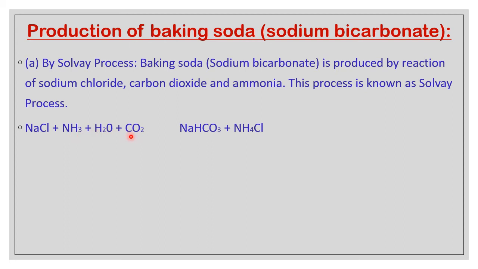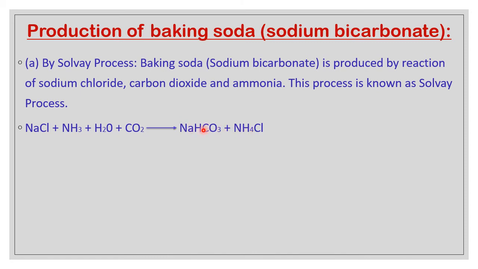Okay. So what happens? You see here, you get NaHCO3 and NH4Cl. One H remains here, that becomes NH3 plus H, NH4Cl. So in this way, NaHCO3 plus NH4Cl is formed.